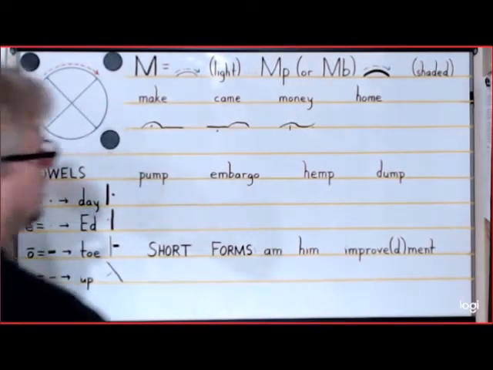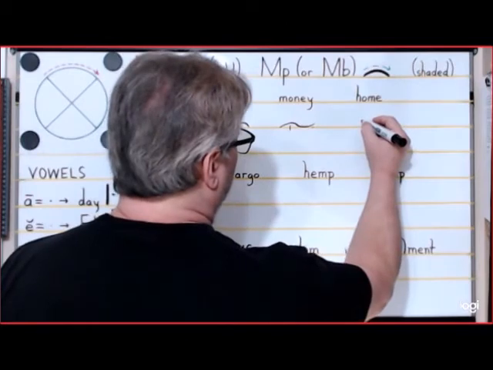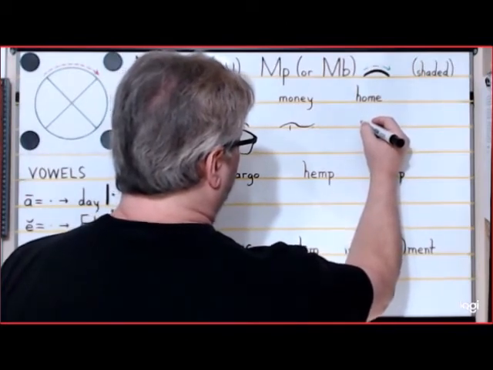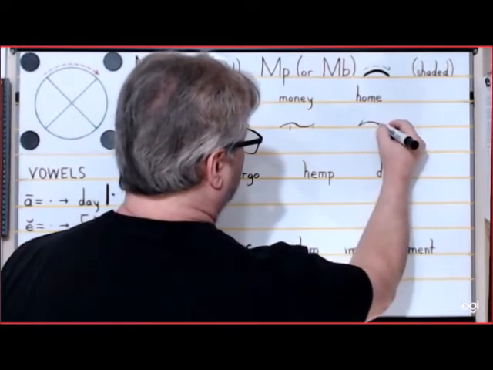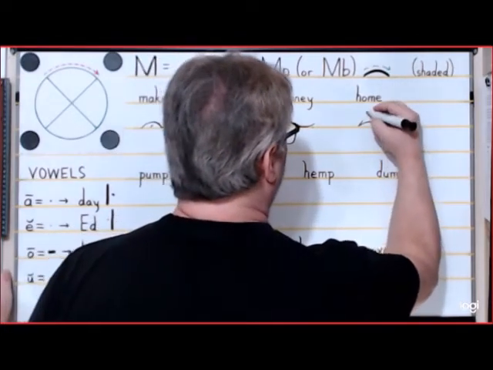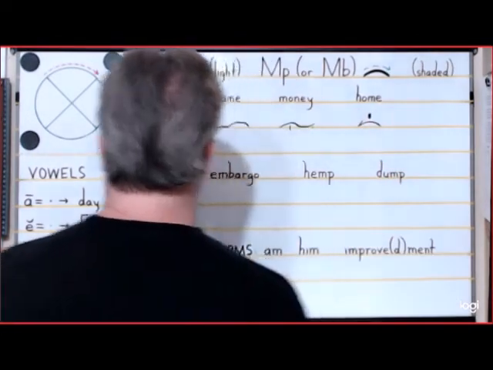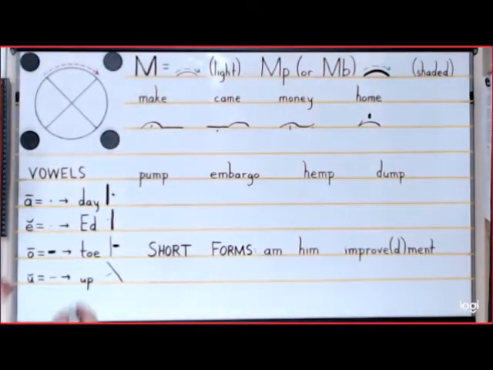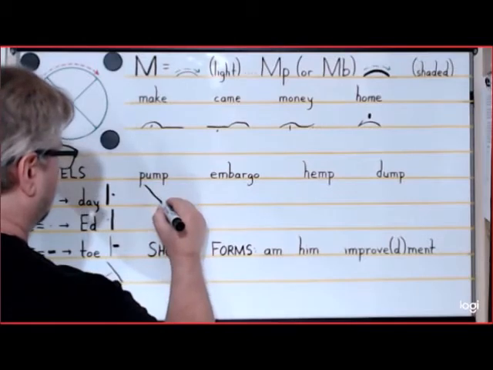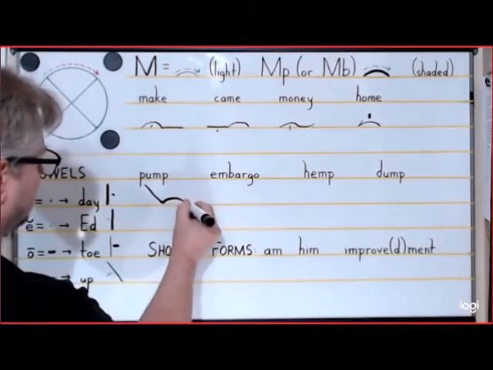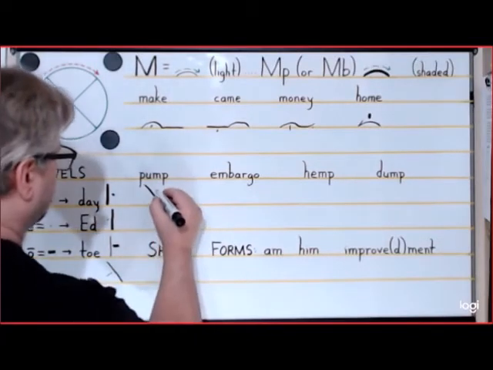The word home, we're going to use a light downward dash for the H here, and then an M, and then a heavy dash. For the word pump, it will be the P, and then the MP stroke, and then a light dash.